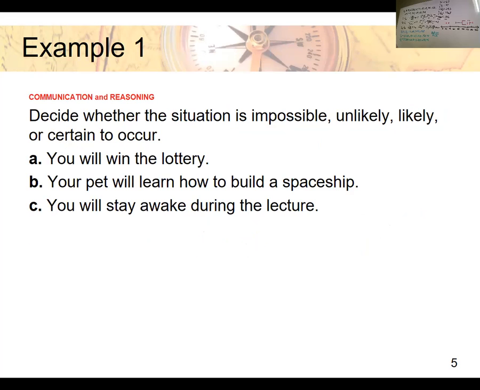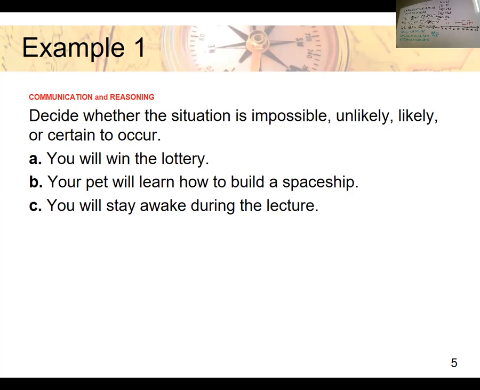All right, like in this case, decide whether the situation is impossible, unlikely, likely, or certain to occur. Like in this case, you will win the lottery. Would that be impossible or unlikely or likely or certain to occur?